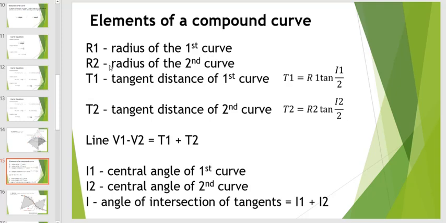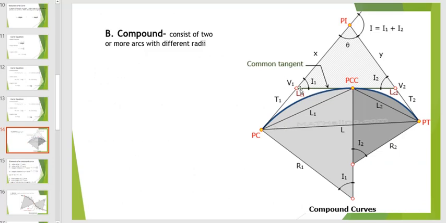Okay, so we have here the elements of the compound curve. R1 is the radius of the first curve. R2 is the radius of the second curve. T1, tangent, from the formula of the simple curve, the same, but we denote it with 1 or 2 to be specific. Then line B1 to B2 is also equal to T1 plus T2.